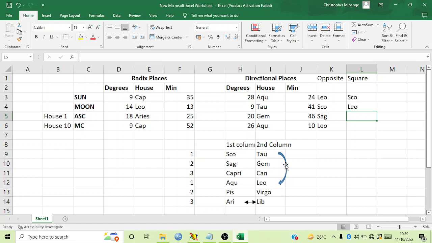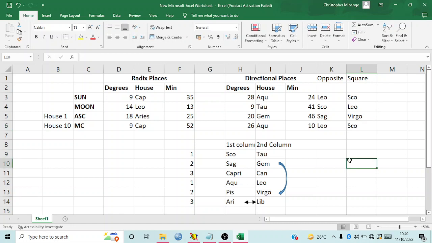So Gemini here is square to Virgo. So I'll put Virgo there. And then of course finally Aquarius is square to, yeah, we said it, Scorpio. So Scorpio.